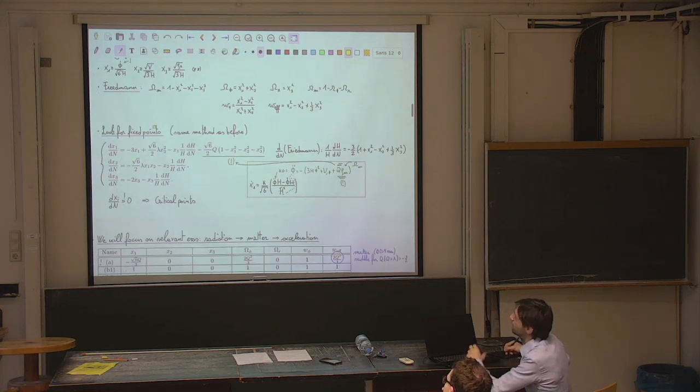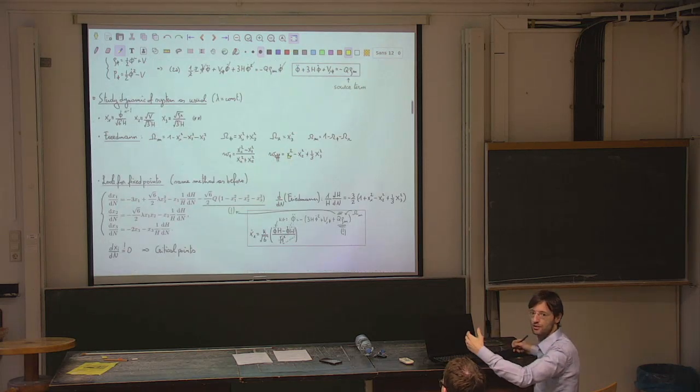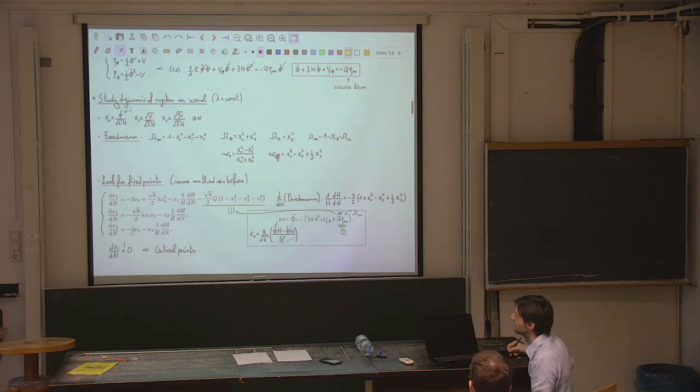And we go for the usual tricks. We want to study the phase space, and we want to transform our Klein-Gordon equation from one second-order differential equation into a collection, now of 3, because we have 3 components, phi dot, V, and radiation, expressed as first derivatives of x1, x2, and x3.